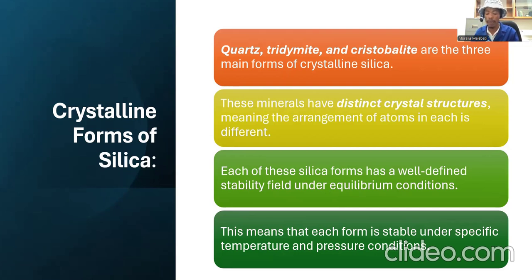Okay, but let's say a mineral is stable under low temperature. If you were to expose that mineral to intense temperatures, the mineral will become unstable, will become uncomfortable, and then the atoms will rearrange themselves in such a way that they become stable in those new conditions.